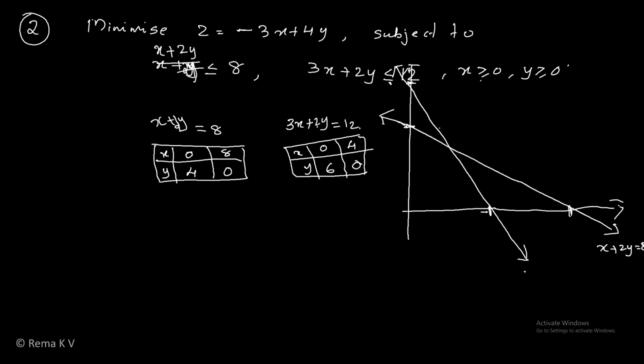So this is the graph of 3x plus 2y is equal to 12.